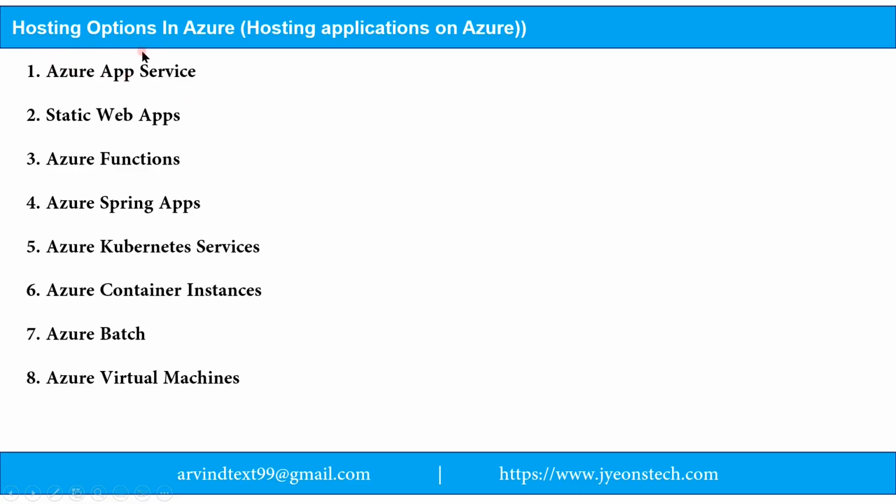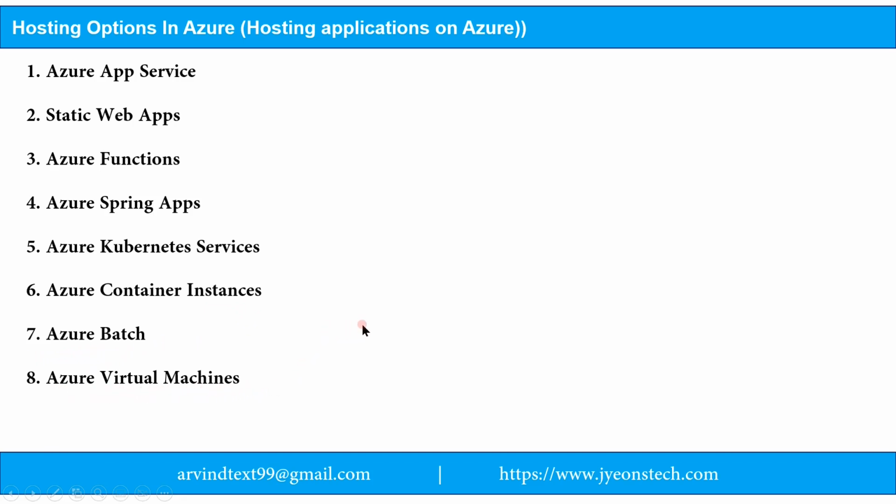So let's discuss hosting options in Azure, hosting applications on Azure. These are the hosting options. First, Azure App Services, second is Static Web Apps, third is Azure Functions, fourth is Azure Spring Apps, fifth is Azure Kubernetes Services, sixth is Azure Container Instances, seventh is Azure Batch, eighth is Azure Virtual Machine.